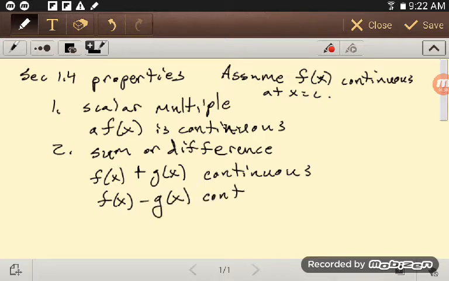So sorry about not having g of x up there, but okay, so assume f of x continuous at x equals c and g of x. Yay, okay.